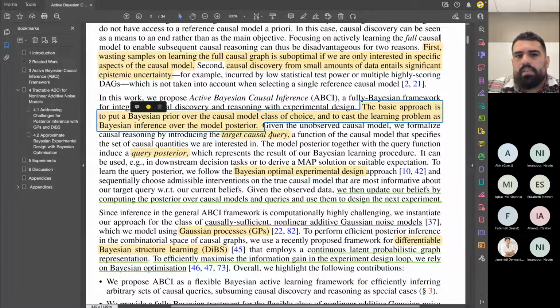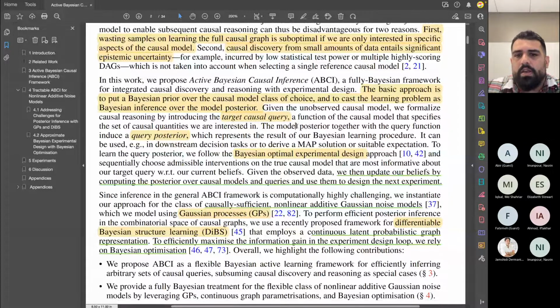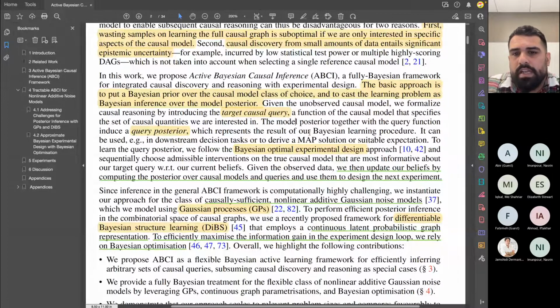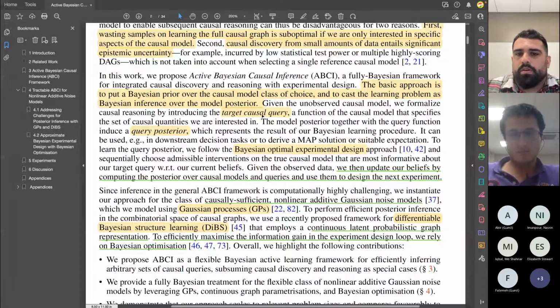One thing they introduce is having a target causal query, and they explain in the next section what causal queries they use, which is essentially a function of the causal model that specifies the set of causal quantities they are interested in. This is one of the important parts of their framework. Also, the model posterior.